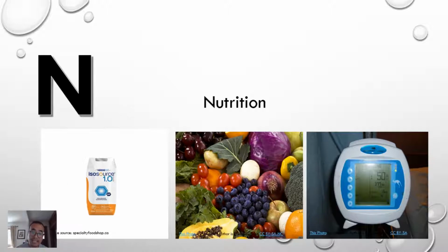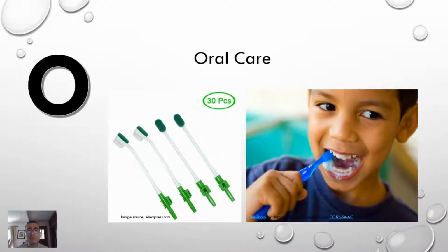Which brings us to the next letter, which is O. Extremely important in the ICU, especially for patients who are intubated and patients who have a tracheostomy. Make sure we provide oral care frequently, every 2 hours. Now, the reason why is, think about when patients have a breathing tube in their mouth, an endotracheal tube, their mouth is always open. They don't have the chance of closing it because the tube is preventing that from happening.